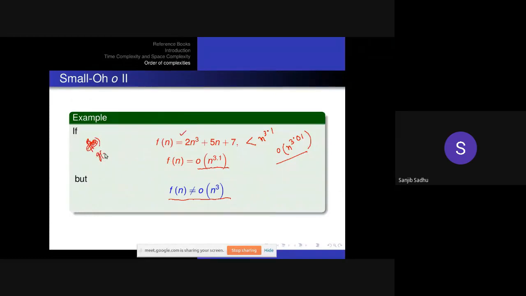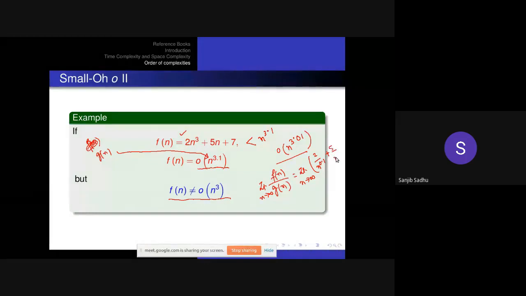If you divide f(n) by g(n), the limit as n tends to infinity will be like 2 by n to the power 0.1 plus 5 by n to the power 2.1 plus 7 by n to the power 3.1.